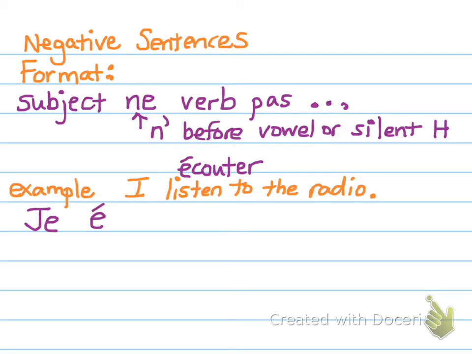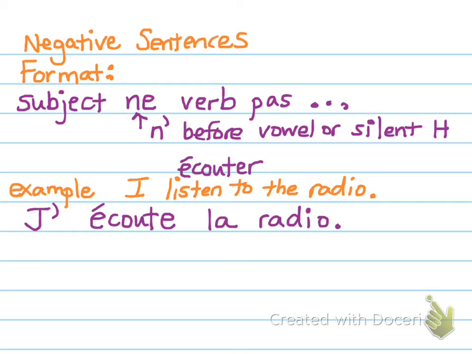So I have écout, and I add an E because it's je. To the radio is just la radio. Now, one little thing I have to fix with this, because I have je and écoute and two vowels together, so this becomes J apostrophe. So I listen to the radio is j'écoute la radio.